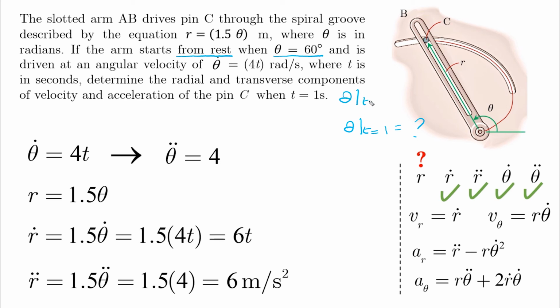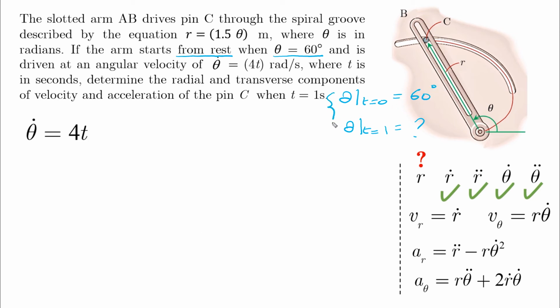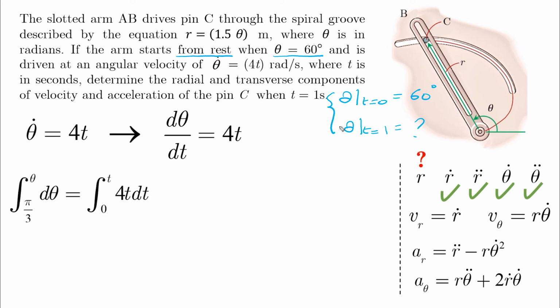So basically we have an initial condition of t and theta, and this is where we take advantage of the definition of theta dot, because it is d theta over dt, and we can take dt to the other side and integrate both sides to take advantage of the initial condition.